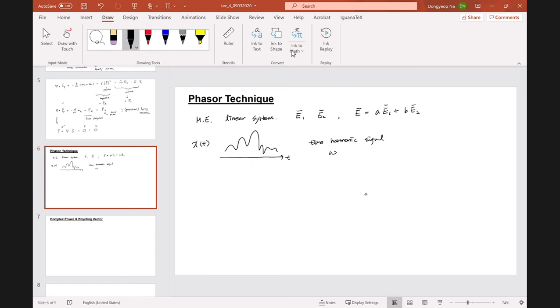This signal looks like a sinusoidal function, and then this complicated solution can be given by the linear superposition of all the time harmonic signals with different amplitudes.